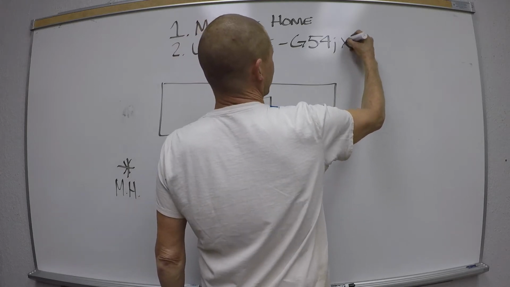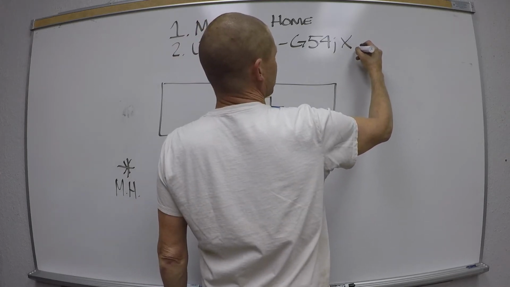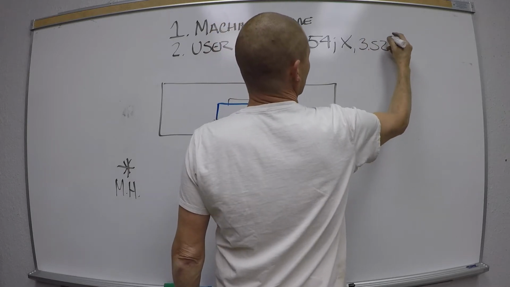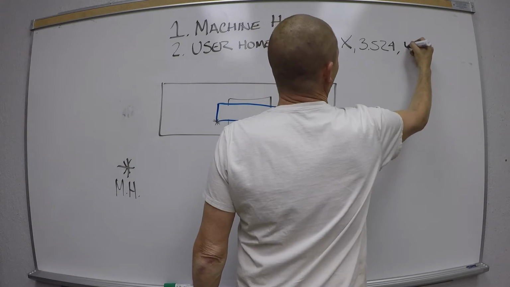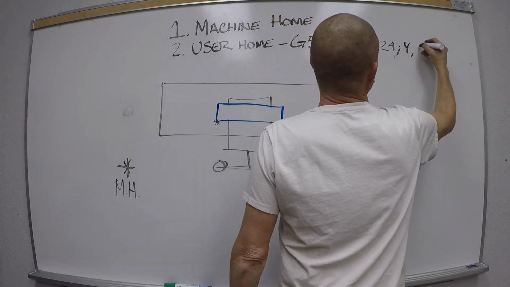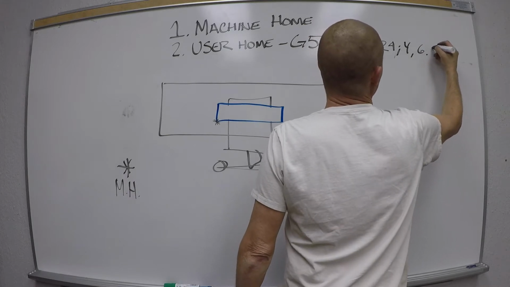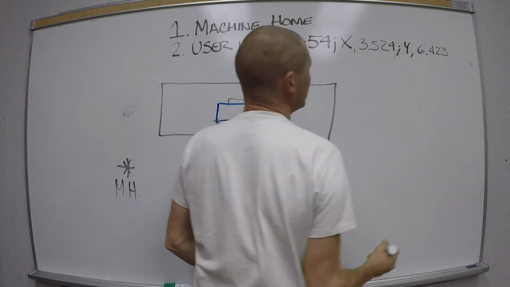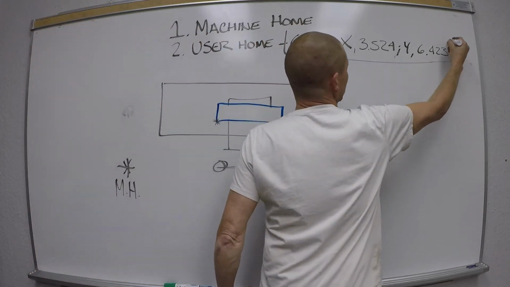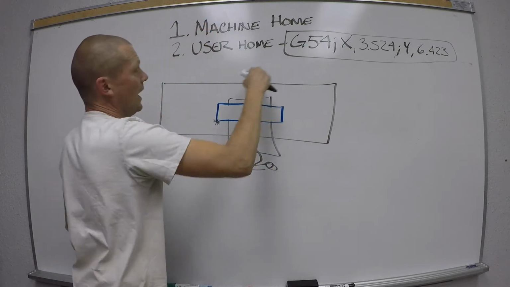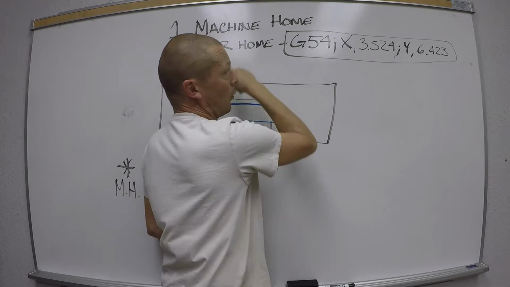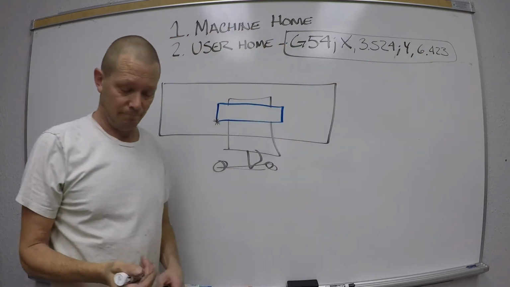If you see G54 and you see X at 3.524 and Y at, I'm just making this up, 6.423, what this just said to the machine is, my user home is at X 3.524 and Y at 6.423.